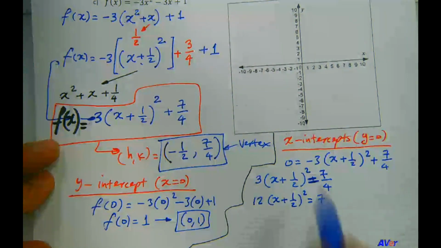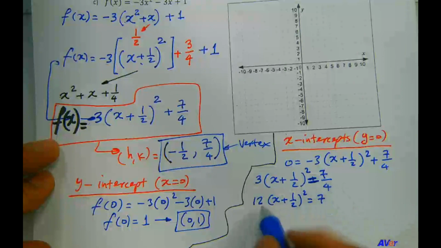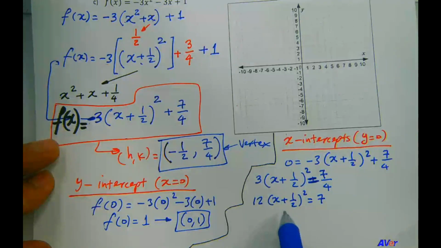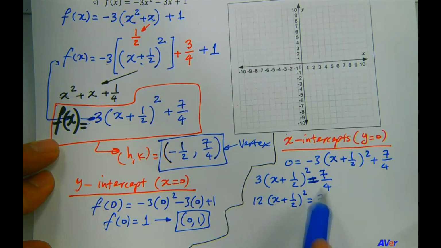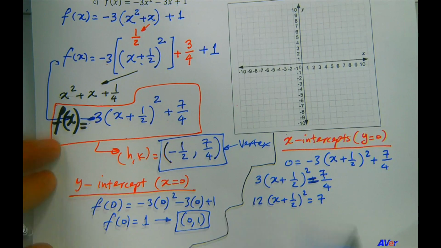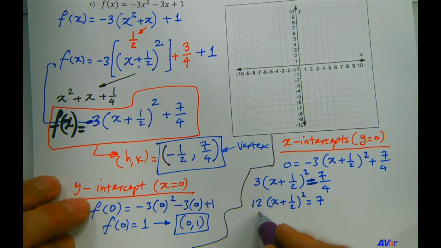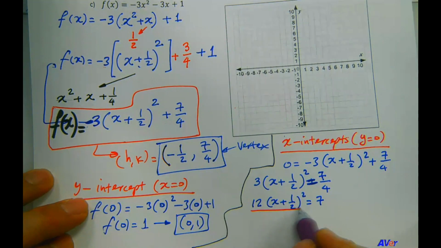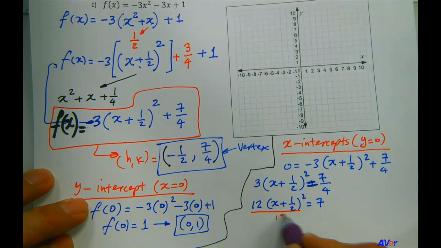The fraction is gone in this case. Then we can divide both sides by 12 now to get rid of that. So let's divide both sides by 12.